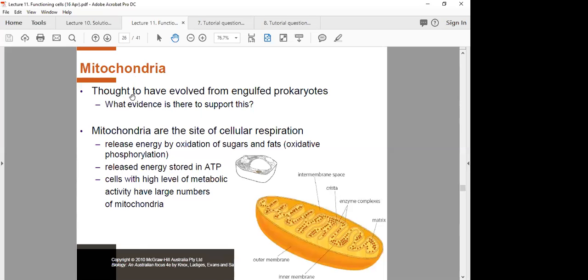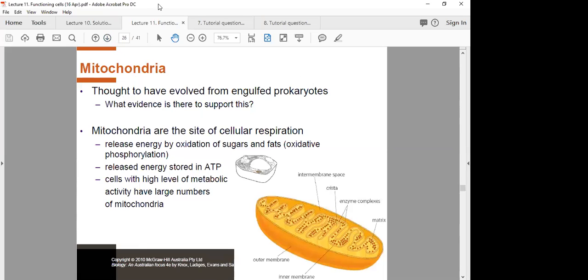Let's look at this. Mitochondria are thought to have evolved from engulfed prokaryotes. Very interesting theory. It's called the theory of endosymbiosis. And we're going to look at a little bit of the evidence that there is to support this particular theory. We won't go into the theory, but you can certainly look that up if you're interested.